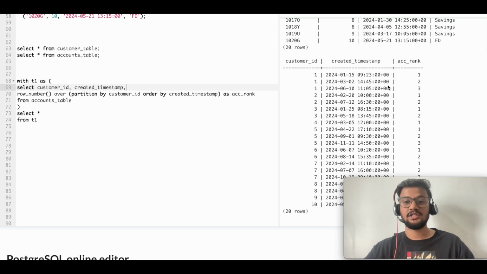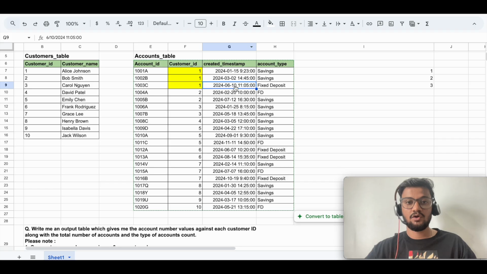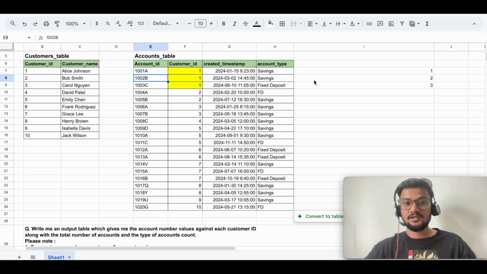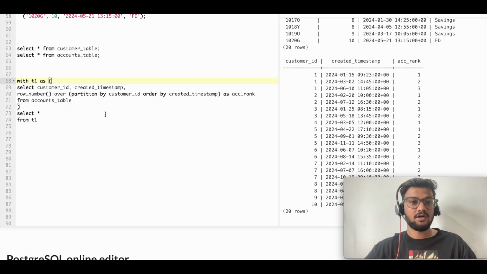Now based on these ranks, we will get the account numbers as account number 1, account number 2, account number 3. We will map it accordingly. So account number 1 will get this rank, this account ID will get the second rank, this account ID will get the third rank. Now how will we do that?